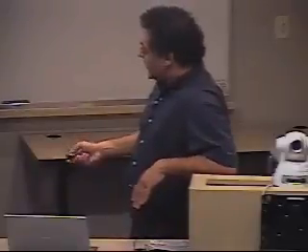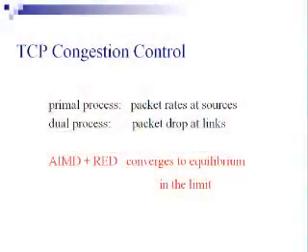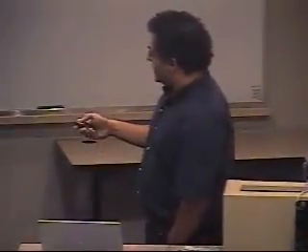And actually Kelly's work had a huge following, and people managed to prove the following very impressive theorem, that if you think of this primal-dual procedure where the primal process is packet rates as sources following Jacobson's additive increase multiplicative decrease protocol, and the dual process is random early delete following the Jacobson-Floyd protocol, then these two converge to the equilibrium in the limit.